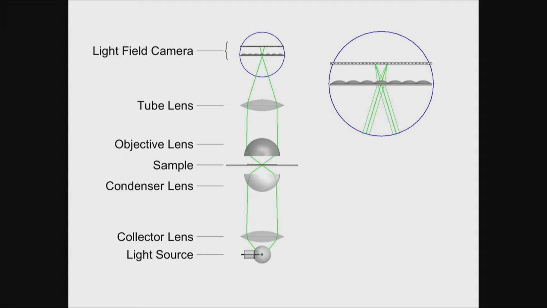So these 16 by 16 pixels correspond to different directions of light. And different directions here are relatively low angle. In microscopy, you have a large angular range that is converted into a small angular range in a larger picture.